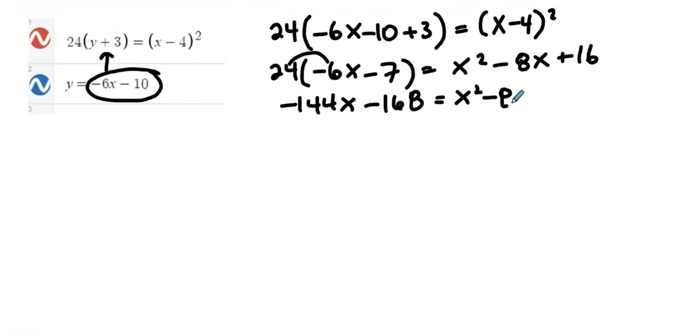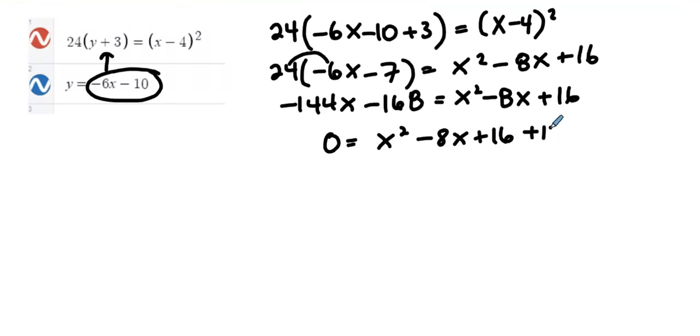We have our quadratic equation. We will make this equal to 0. Okay, plus 144x plus 168. We combine like terms.